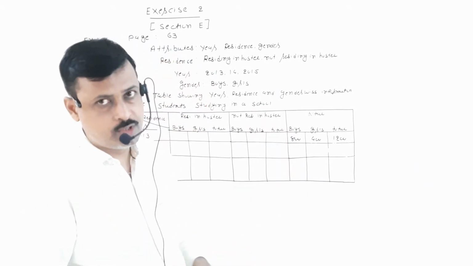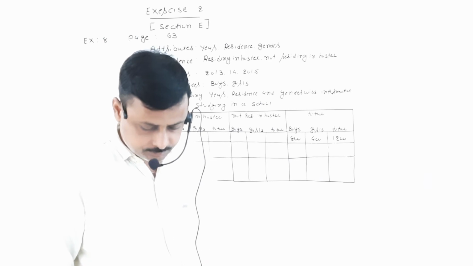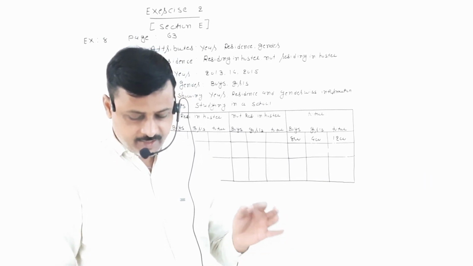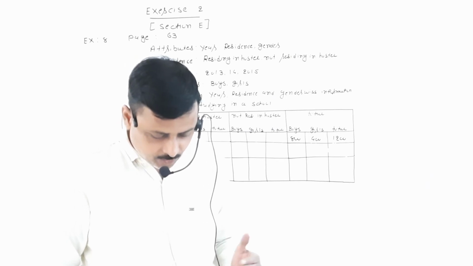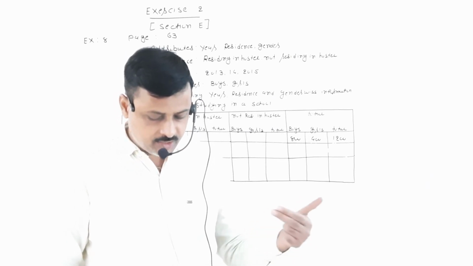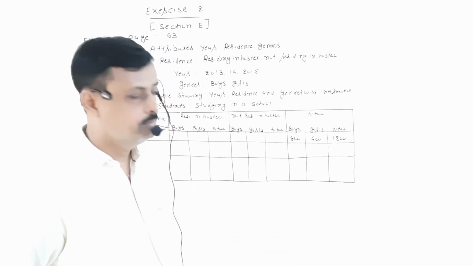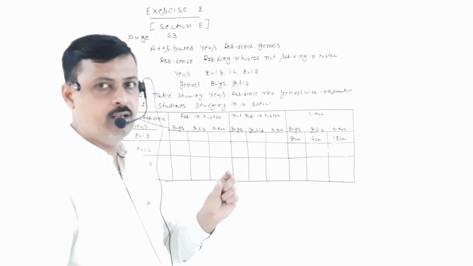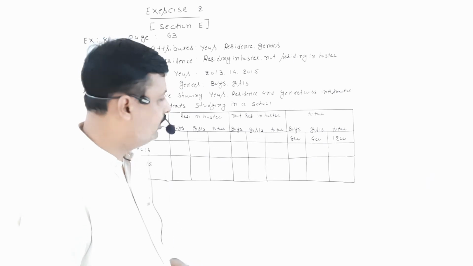अब जो गर्ल्स है उसका सेंटेंस कंटिन्यू है. 400 were girls, 50 girls were not residing in hostel. So out of 400 girls, 50 girls were not residing in hostel.